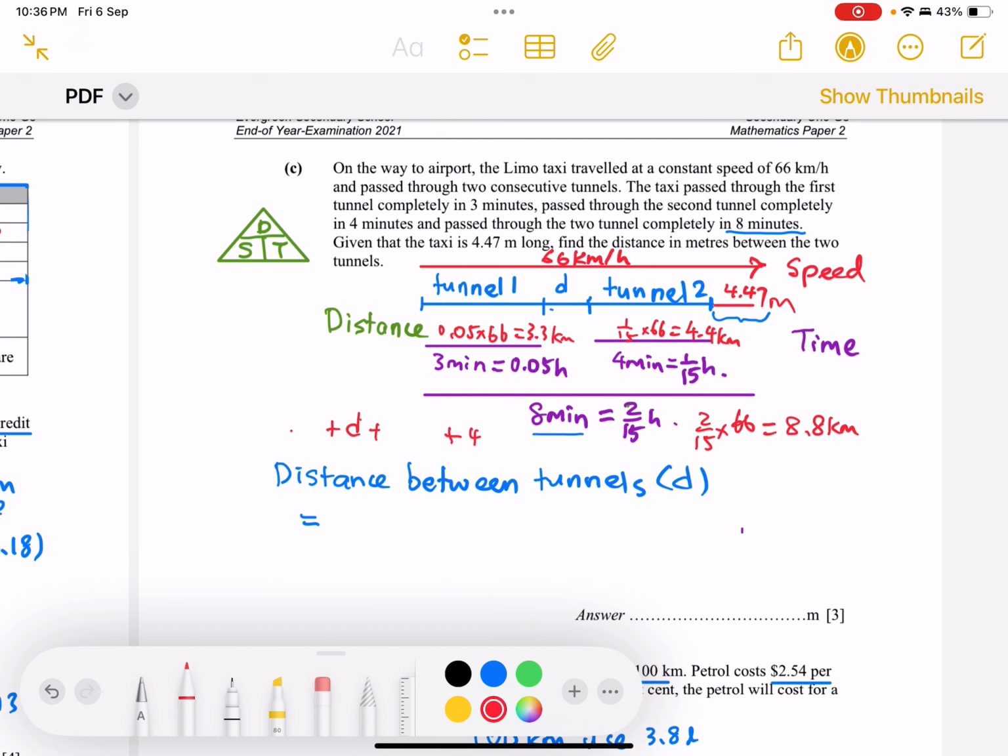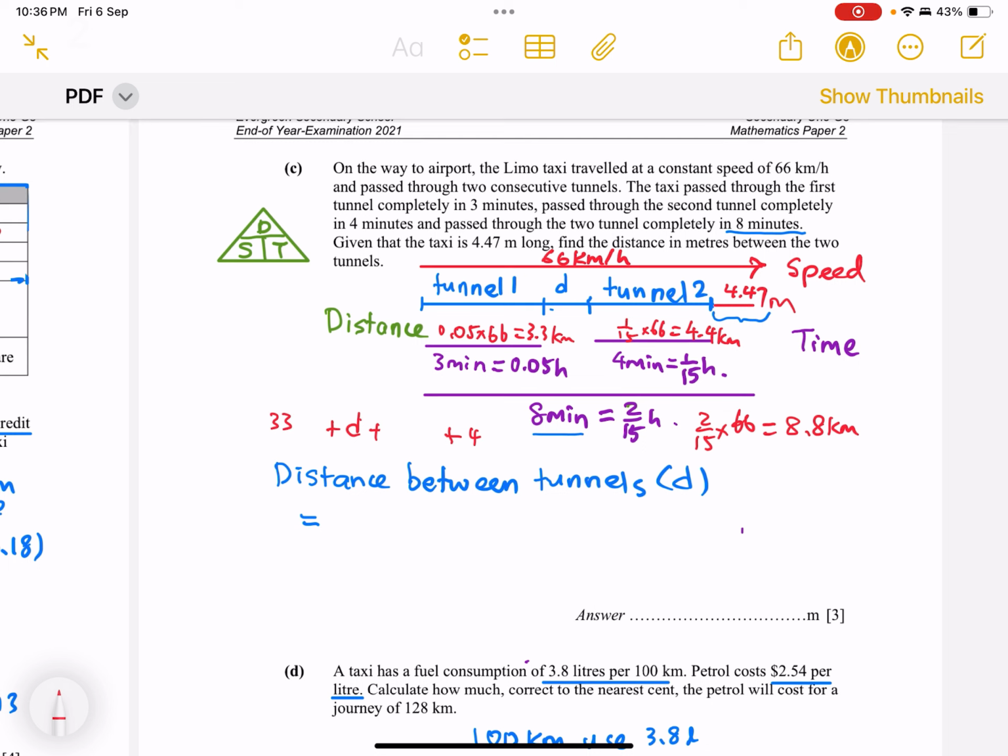The first distance is 3300, the second tunnel distance is 4400, and the car length is 4.47.